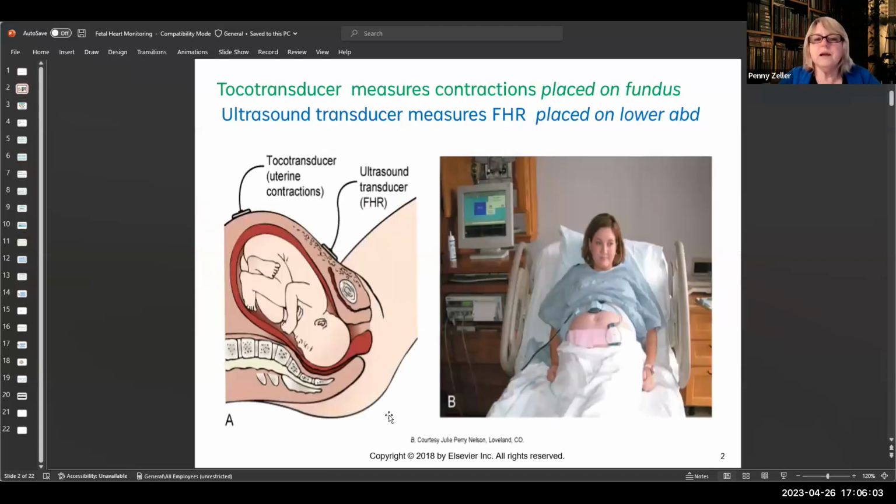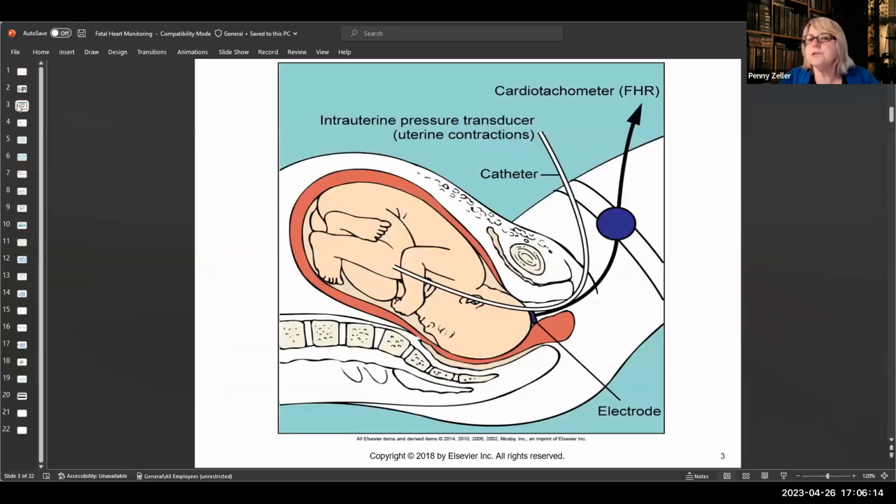So this is what it looks like. We put external monitors on, and if we can't see it very well, if the tracings are not very good, we're going to do internal monitors. So we're going to insert a uterine catheter. It's a pressure catheter. We can also instill fluid in around the baby if we have to, and that's called an amnioinfusion.